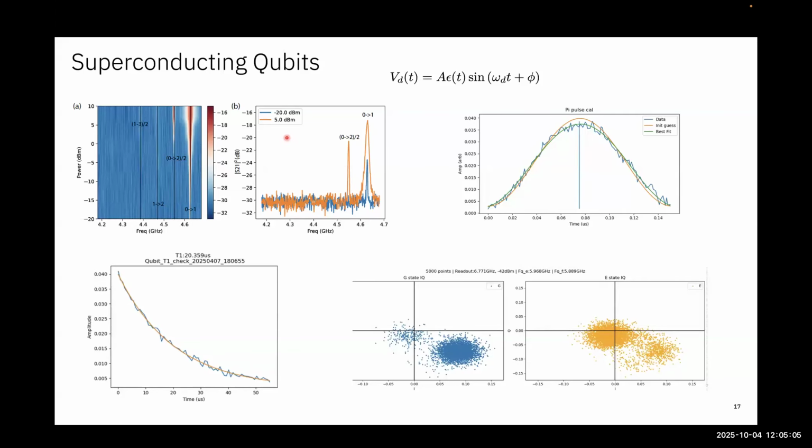But when you increase the drive of the tone, you populate the second excited state. Say you want to isolate two energy levels for your qubit, for 0 and 1. When you drive too hard, you populate higher excited states.